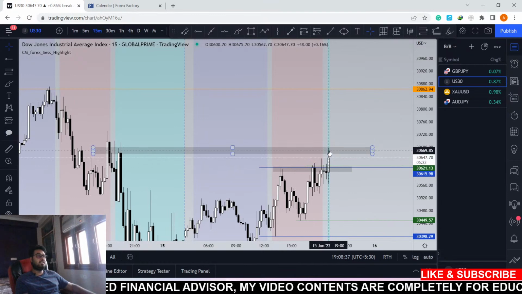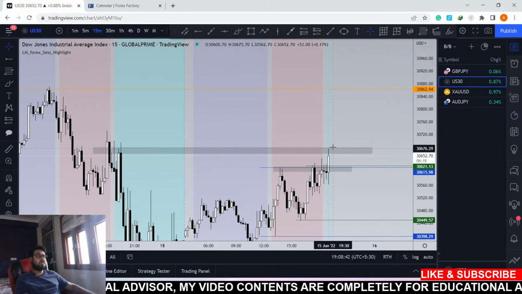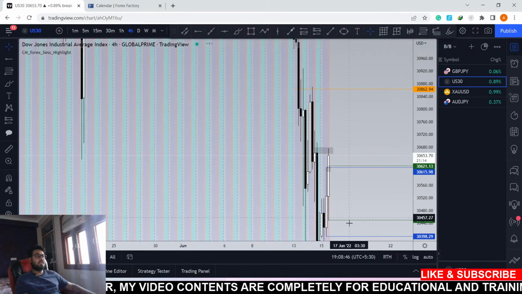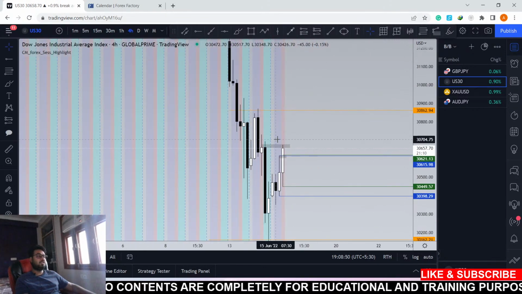If we get a nice break and close at this area, I would like to place an entry somewhere at around this area. This is a bullish candle.